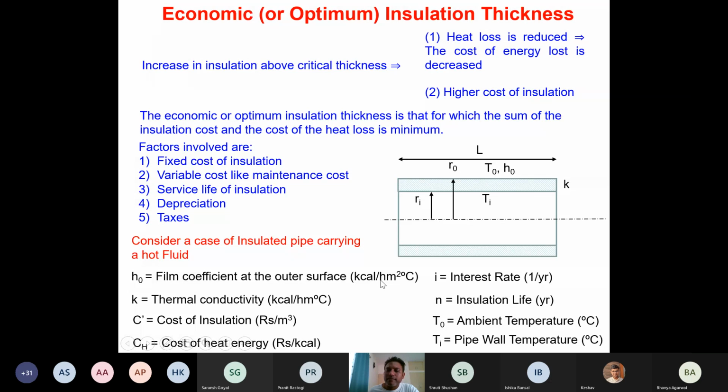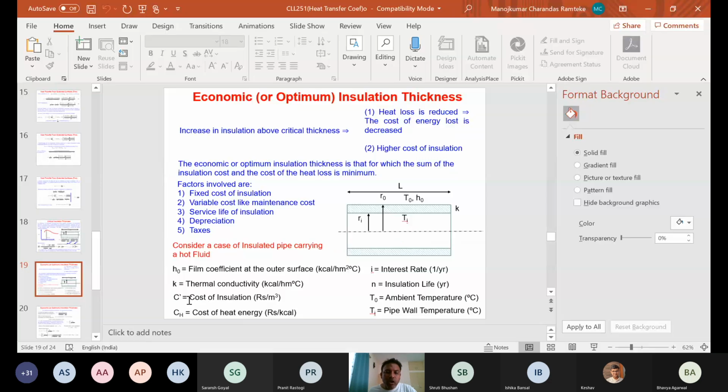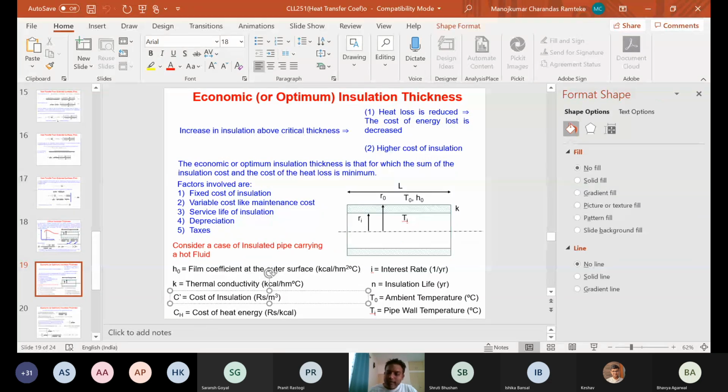Again, thermal conductivity is defined as kilocalorie per hour per meter degree Celsius. The cost of the insulation is the factor associated with the cost of the insulation. So that is just C.